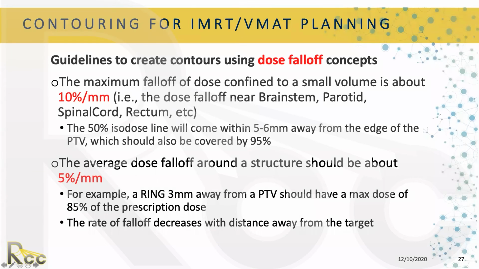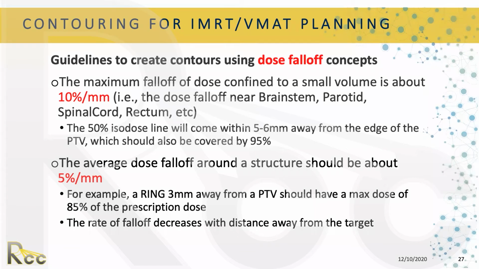The guidelines that we're going to be using to create contours use this dose fall-off concept. And there are two different dose fall-offs. The maximum fall-off of dose confined to a small volume in general is about 10% per millimeter. That is the dose fall-off near, for example, the brainstem, the parotid, the spinal cord, the rectum.